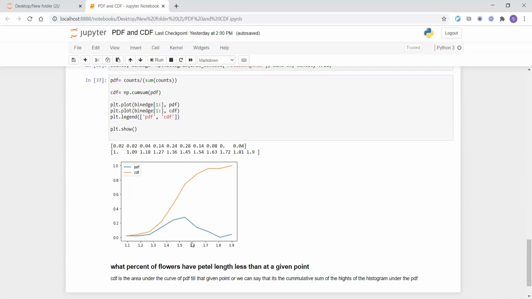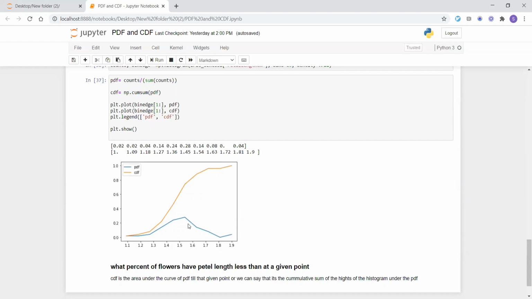If we look here at 1.6 and go up, we can see that it is 80%, right? Because on the y-axis there is the percentage, and on the x-axis we have the petal length. So we can tell the other person that almost 80% of the flowers have a petal length less than 1.6, which PDF does not tell us.